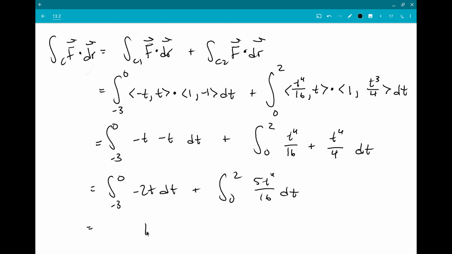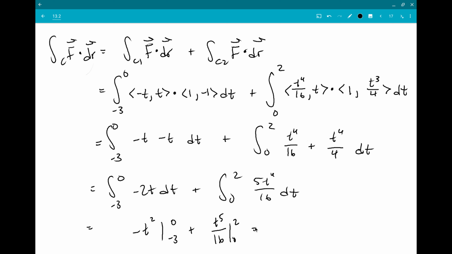Let's see, that becomes minus t squared evaluated from minus 3 to 0, because t becomes t squared, and I would have to divide by a half to cancel out that 2. And then t to the fourth becomes t to the fifth. 5 is fine, over 16, 0 to 2.